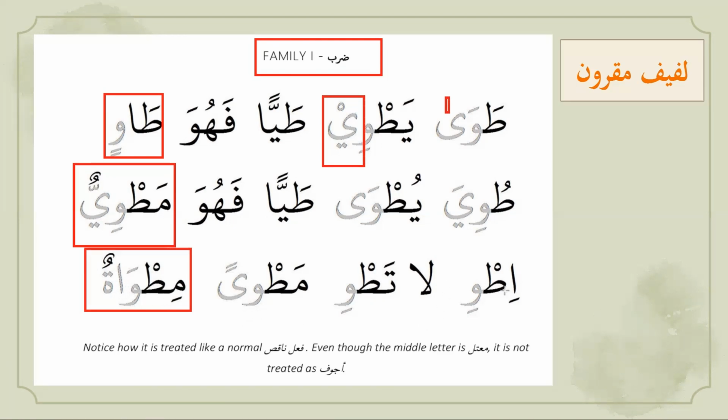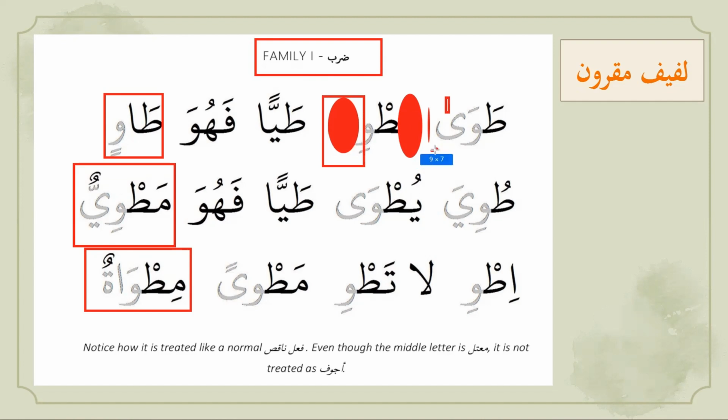And over here in the commanding form, you can see that this ya is dropped. And the symbol of mudari is also dropped, and you cannot pronounce it. So you need a helper alif over here, and the helper alif has a kasra because there is no dhamma on the third letter.